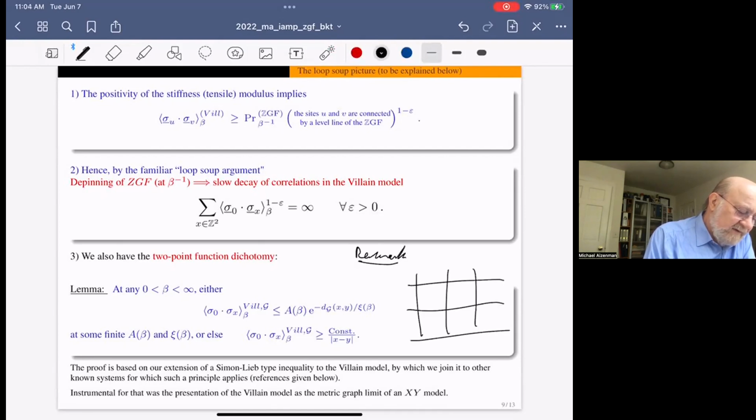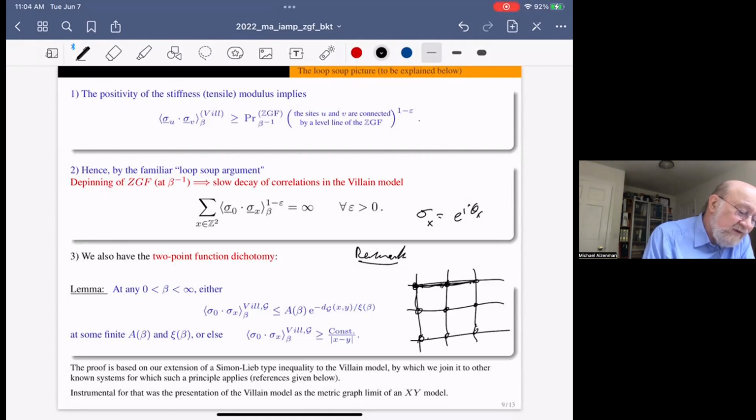There is a nice way of thinking. The Villain model can be thought of as describing a spin function where the spin sigma x is e to the i theta x. To understand what the Villain model really is, you may notice that you may extend the definition of the spins, which originally were associated with the vertices, to the metric graph, which is obtained by thinking of functions supported on the edges.